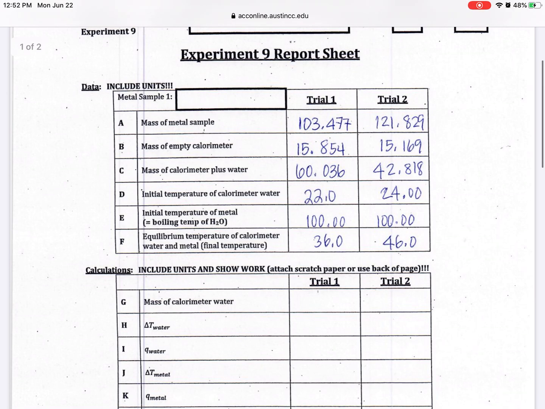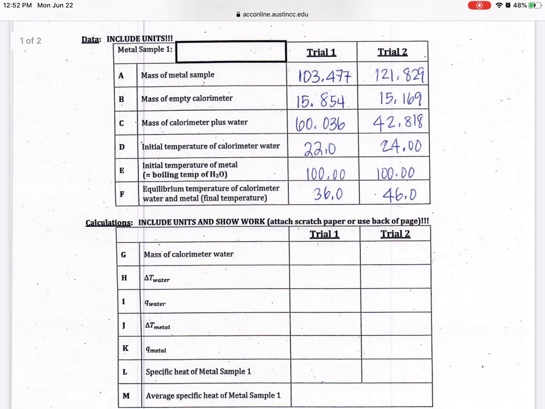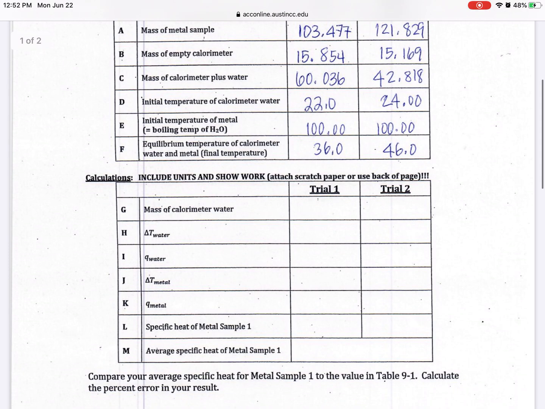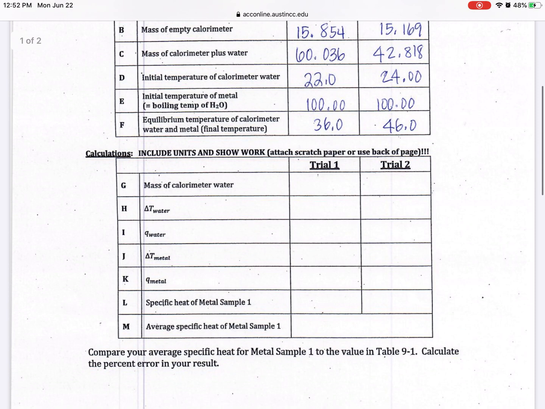I'm only going to do trial 1, but you follow the same procedure for trial 2. With the numbers given, the same way you can use G equals C minus B and all that and calculate the trial 2 specific heat and write it down, for both samples' data.